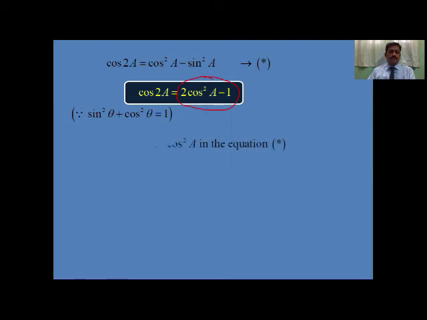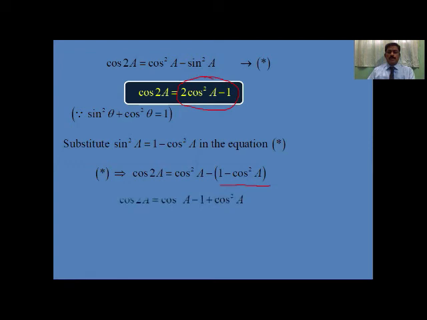That is sin²A = 1 − cos²A. We are going to substitute in equation star. If you substitute like that, we will get cos 2A = cos²A − (1 − cos²A).